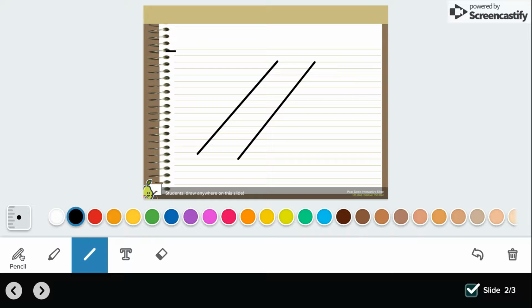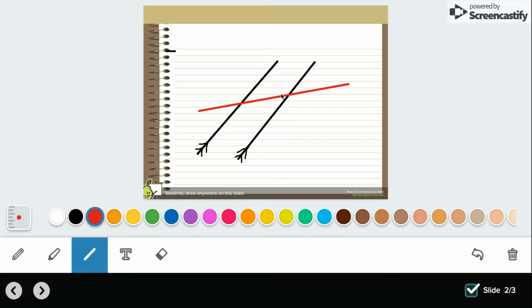So we can mark those as parallel. So this way we know, even if they don't look exactly parallel, that they are parallel because they're marked parallel. And then we're going to put a transversal in here. And the transversal crosses both of the parallel lines.